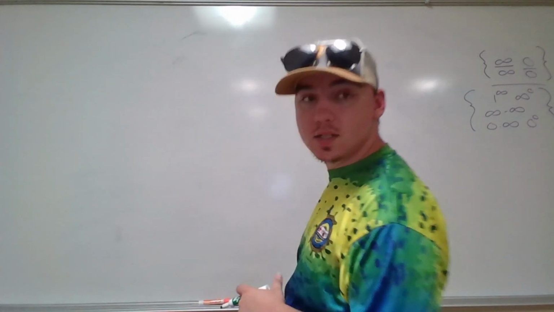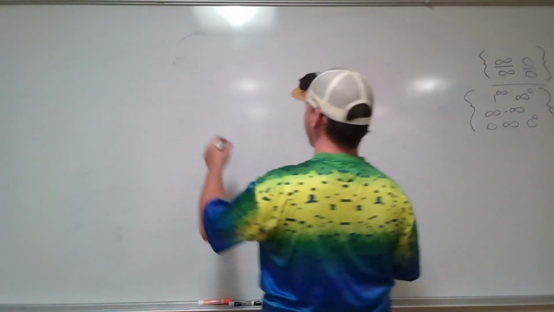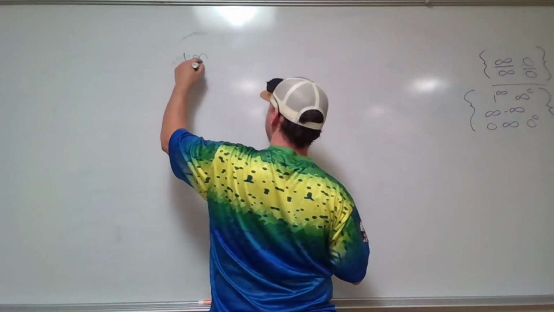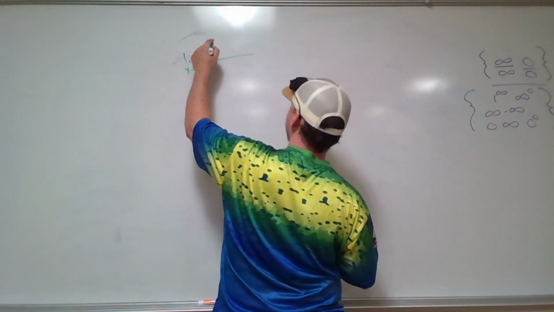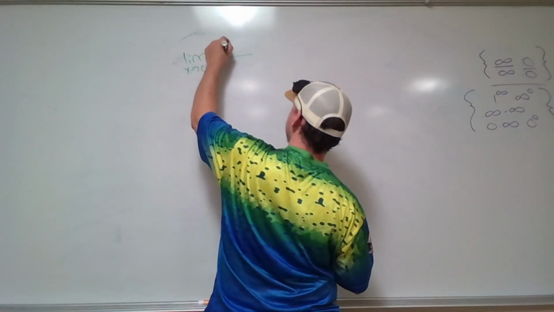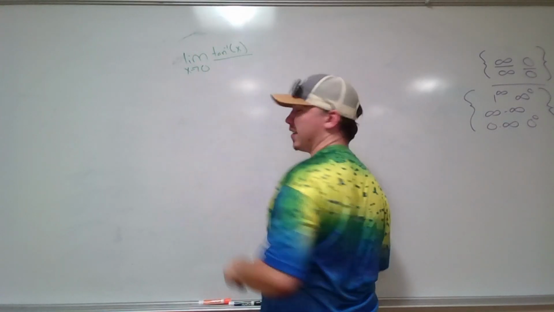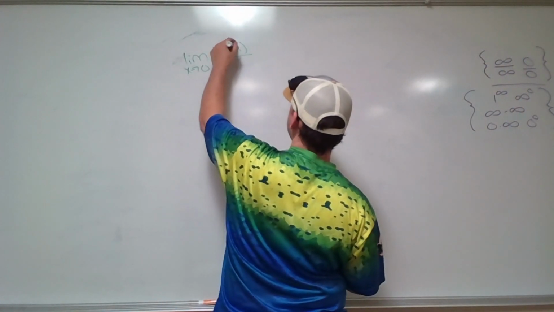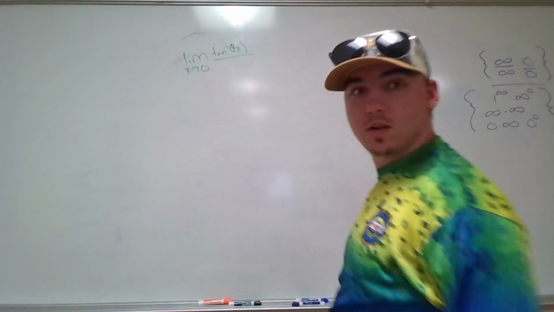The limit as x approaches 0 from the right side of arctan of 4x over ln x.